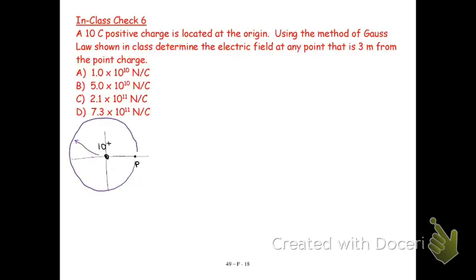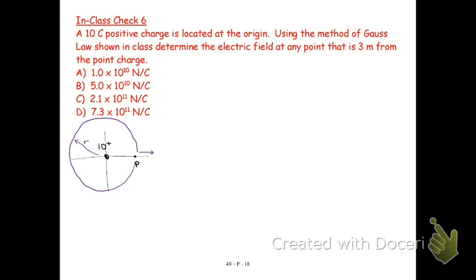I'm going to call this R, just for the sake of it. R is the distance from the center of my Gaussian surface to my surface, and the center of my Gaussian surface is superimposed on the charge. Yep. So I say, okay.